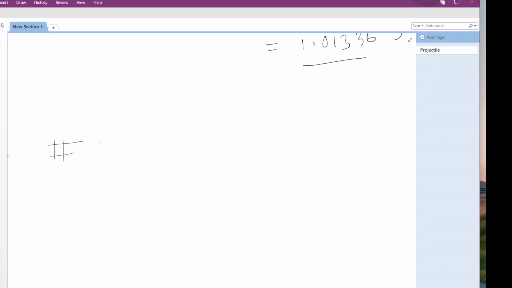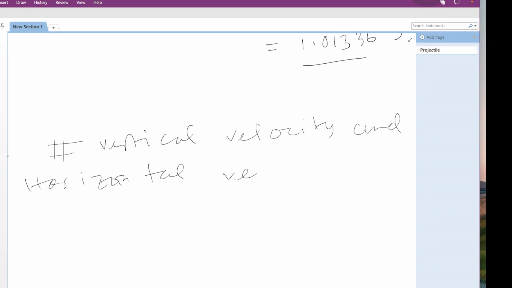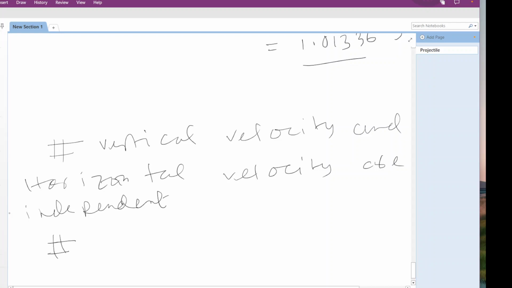The vertical velocity and the horizontal velocity are independent. That is, one is not affected by the other.